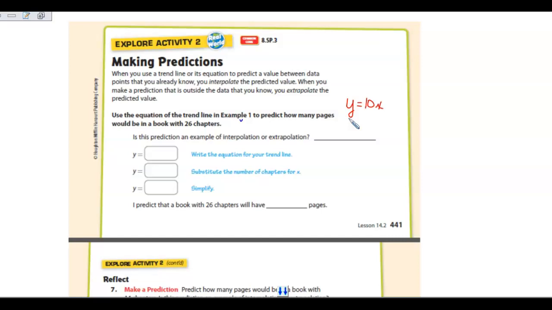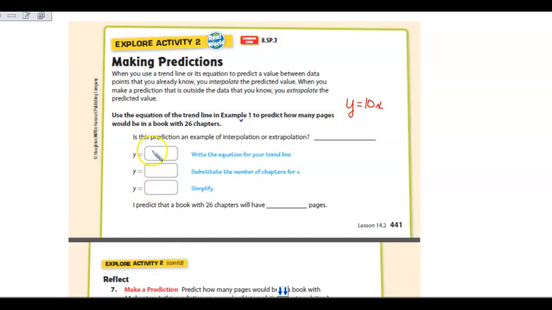And we want to find out what it would be with 26 chapters. Well, if x is the number of chapters and y is the number of pages, what would you do? We're going to take the equation and substitute the number of chapters in for x, and then simplify to find out how many pages.